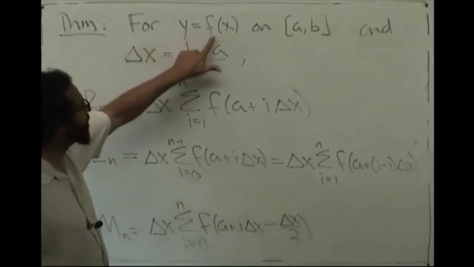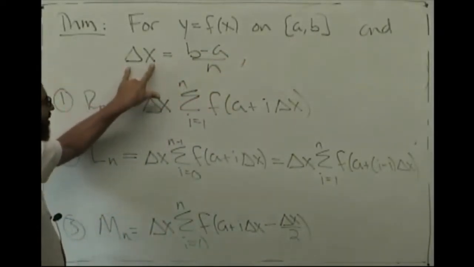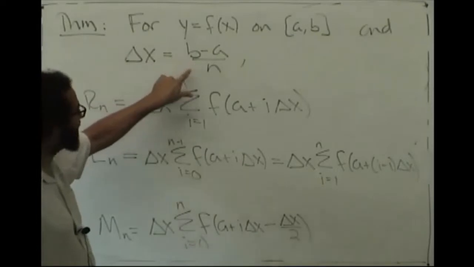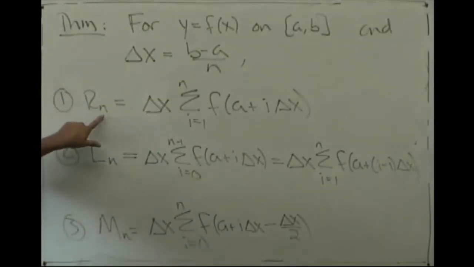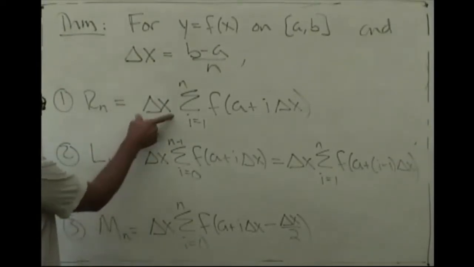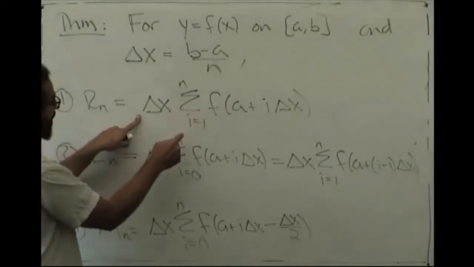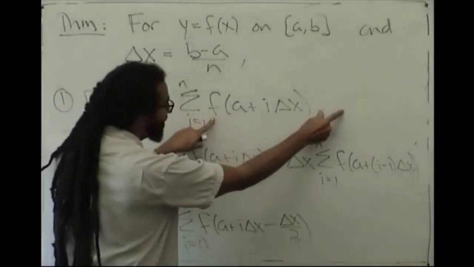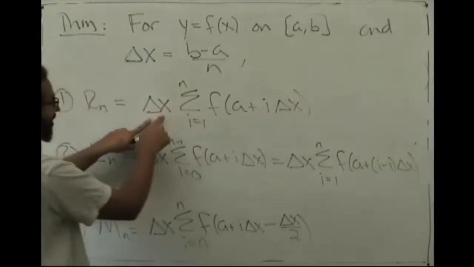So if y is equal to f of x on a to b, and we let delta x be b minus a over n, so remember this is the width of all of our rectangles, then here is a formula for R sub n, right? It's delta x. Remember we factored out, so normally it was the height times the width, but there's no i in delta x, so I can factor it out.